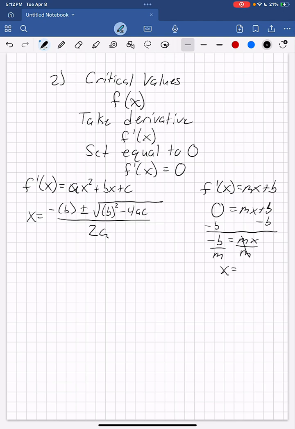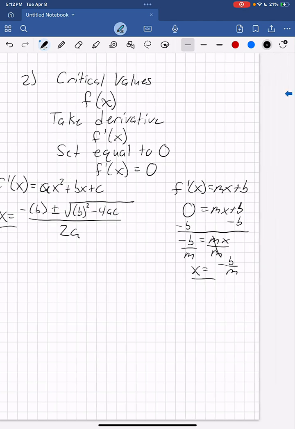So you get left with the negative of the y-intercept divided by the slope. And whatever values you get out are your critical values. So these x values are your critical values.